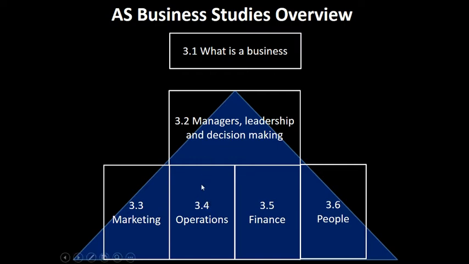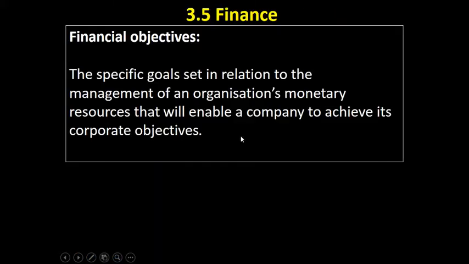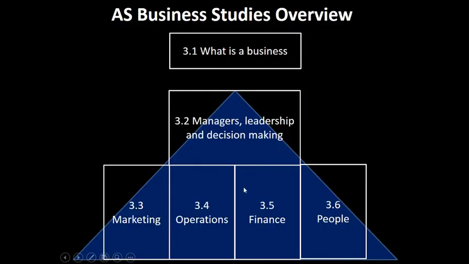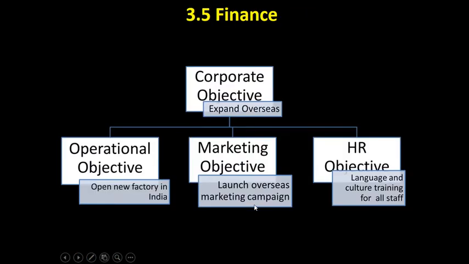Once we know what the organisation wants to achieve, what its big goals are for the year, we can begin to break that down for each functional area, so that each functional area is clear on what they need to do to enable the company to achieve its corporate objectives. So it's the process of breaking down big corporate objectives into a financial objective for the finance department to work on.